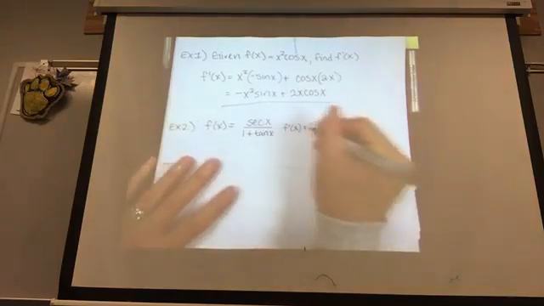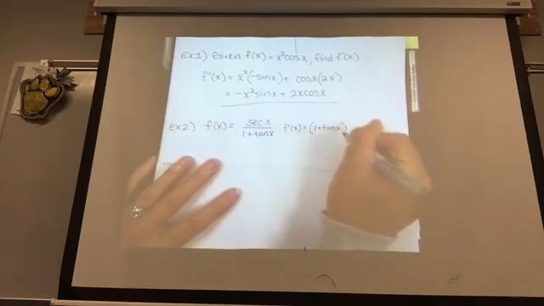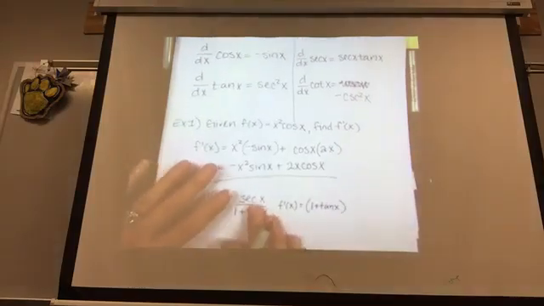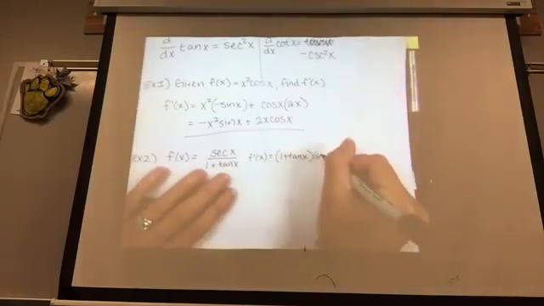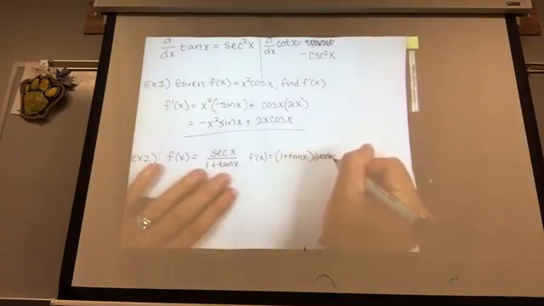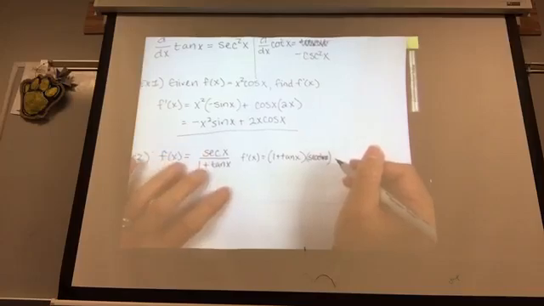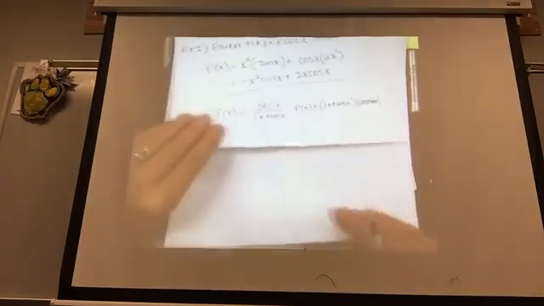Okay. So the bottom, 1 plus tangent of x, times, what's the derivative of secant of x? I can look back at the top. Secant of x times tangent of x. And then minus the top times the derivative of the bottom. I'm going to rewrite this down here.